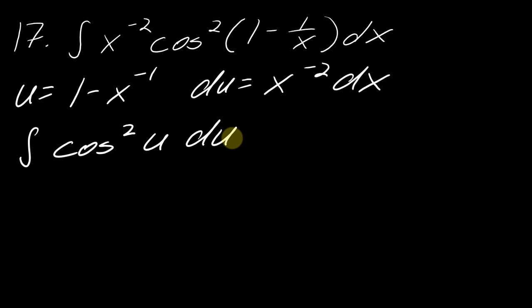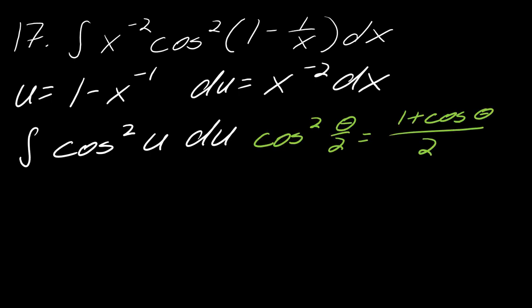We have to integrate cosine squared, and we don't have an antiderivative formula for this. Also, the Pythagorean identity won't help us because I don't have an antiderivative for sine squared. So in this example, when you have cosine squared or sine squared, you have to use the half angle identities to help you with this, which is cosine squared of theta over 2 is equal to 1 plus cosine theta over 2. Now, sometimes when you Google this, by the way, they show you the version with the square root, and you can just manipulate it so that it's the squared version.